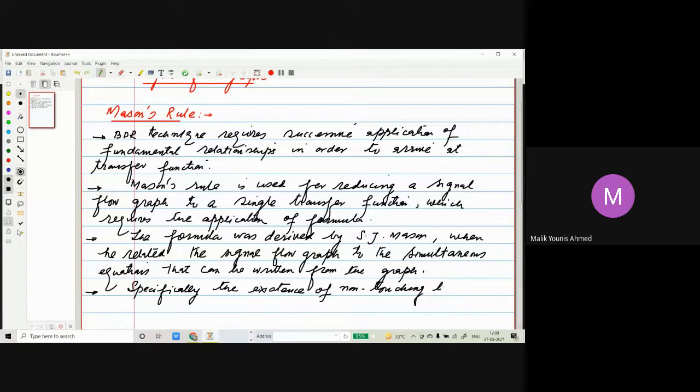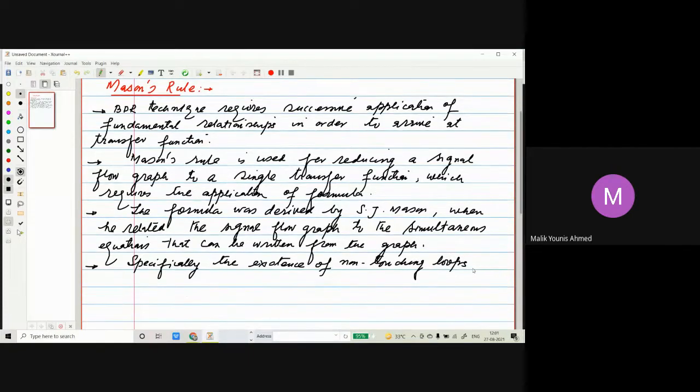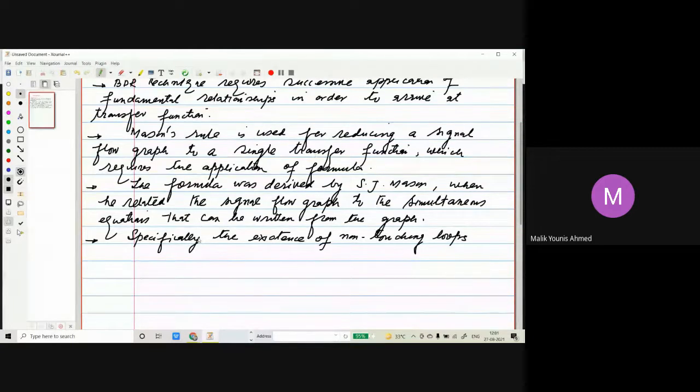We'll talk about non-touching loops in just a little while. Specifically, the existence of non-touching loops increases the complexity of the formula.